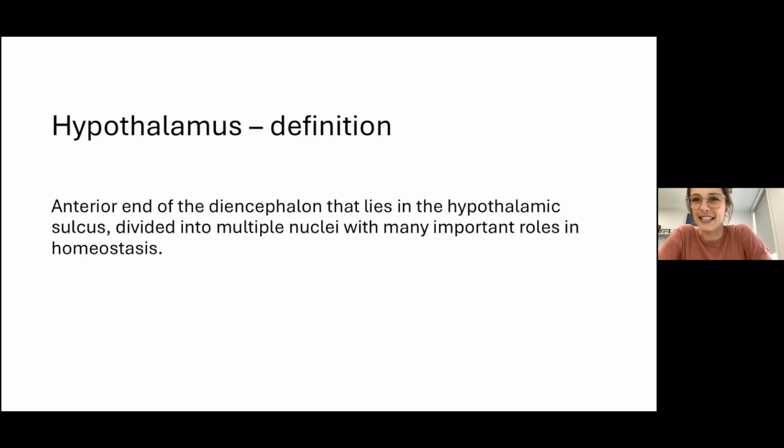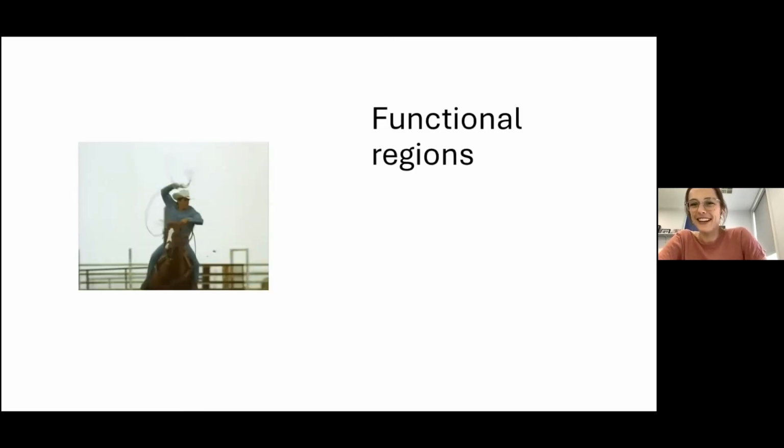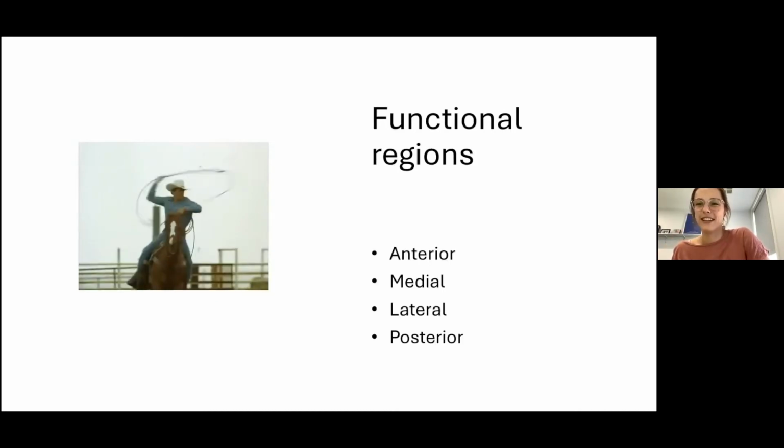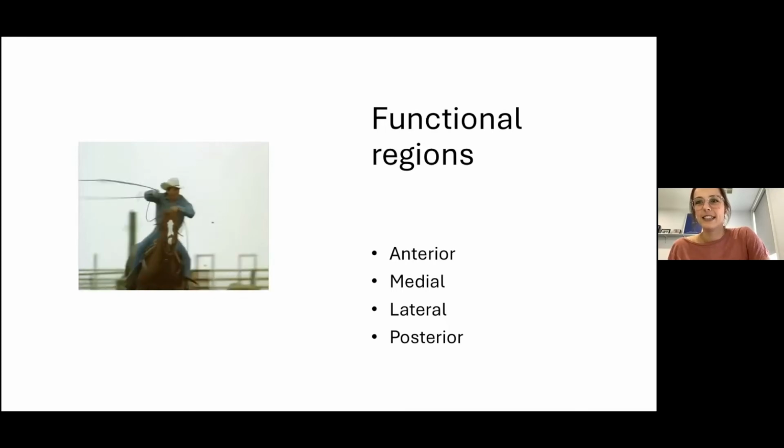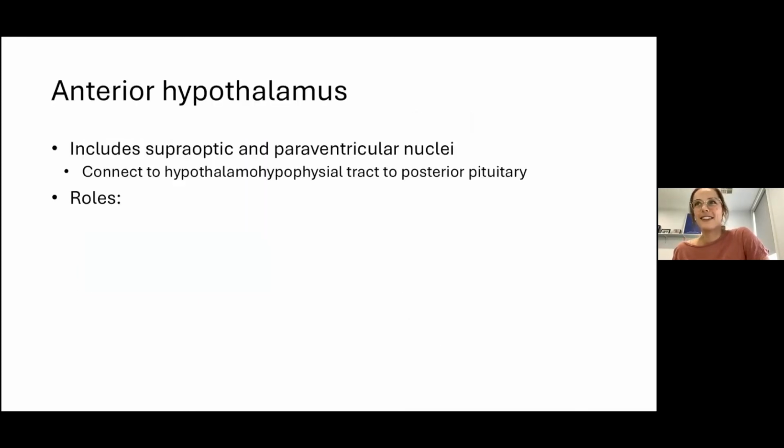So I said it's the anterior end of the diencephalon that lies in the hypothalamic sulcus, divided into multiple nuclei that have many important roles in homeostasis, which is exactly what you said. Excellent. So let's talk about the functional regions. This cowboy is going to make sense shortly. Here's our functional regions. We've got our anterior, medial, lateral, and posterior. First question I have for you is, what are the roles of the anterior hypothalamus?